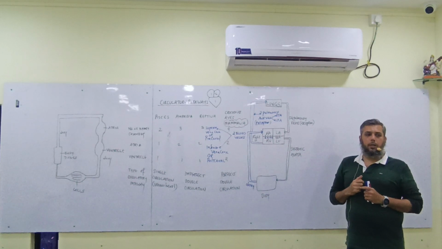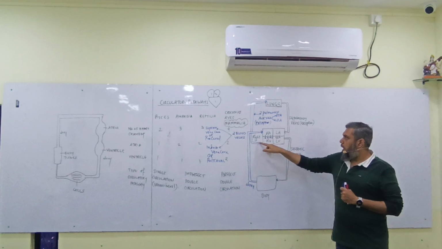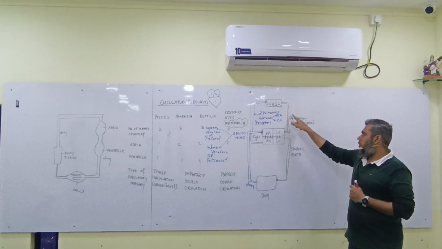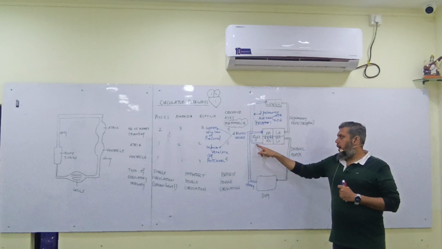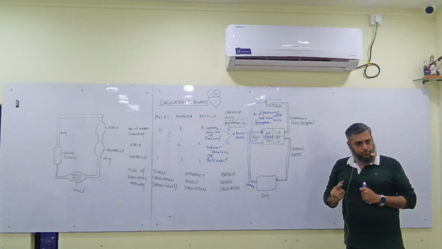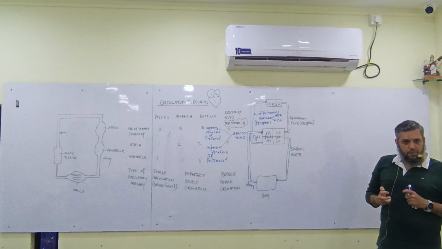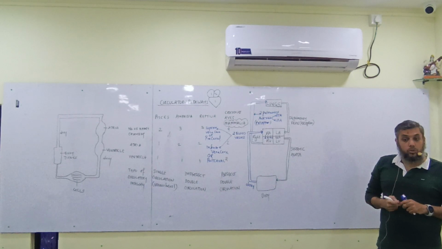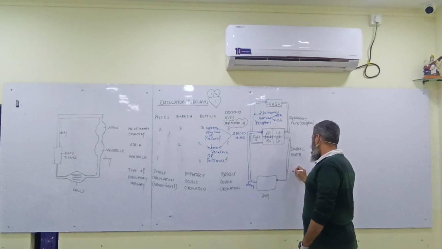One is called pulmonary circulation, where the blood flows from the RV to the lungs and from the lungs to the LA. This is the heart pumping and receiving blood from and to the lungs, which is called the pulmonary circuit, or the pulmonary circulation.